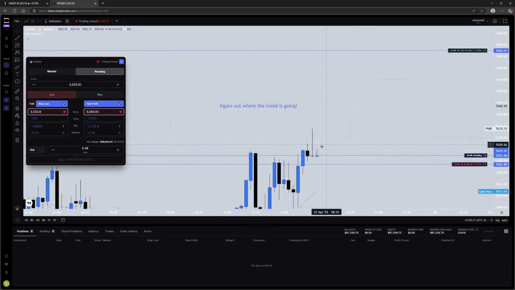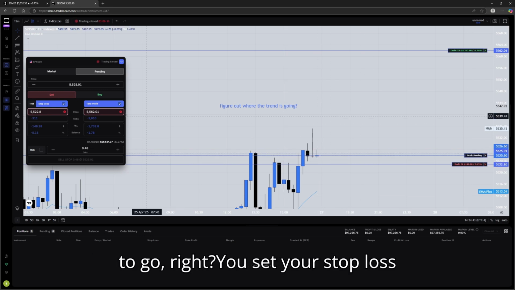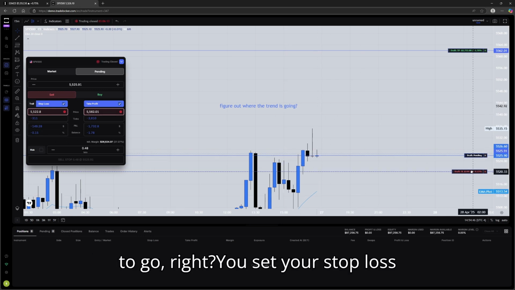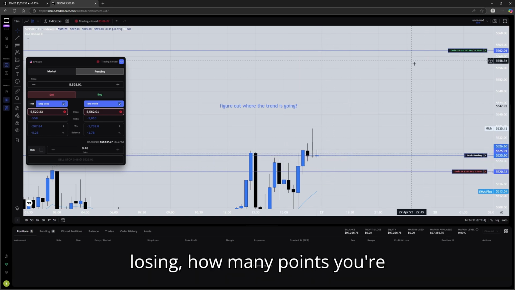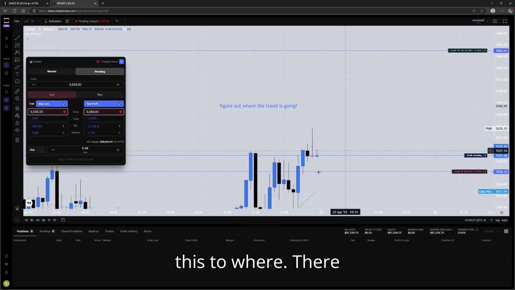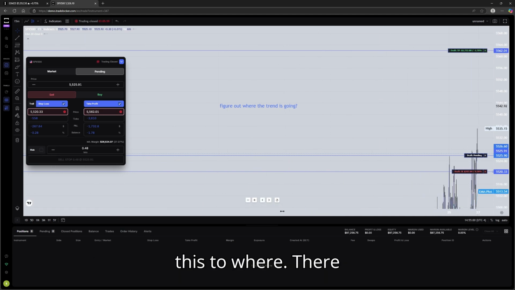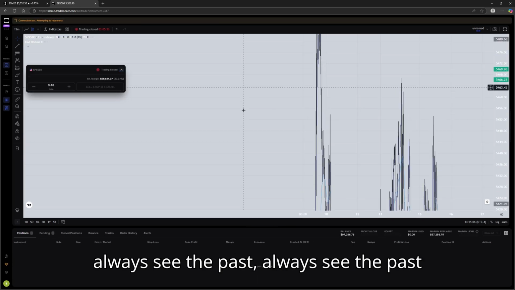Okay, so say you want to put the price there because that's where you think it's gonna go, right? You set your stop loss to how many points you're comfortable losing. So then you set this to where there was price action before. Always see the past.